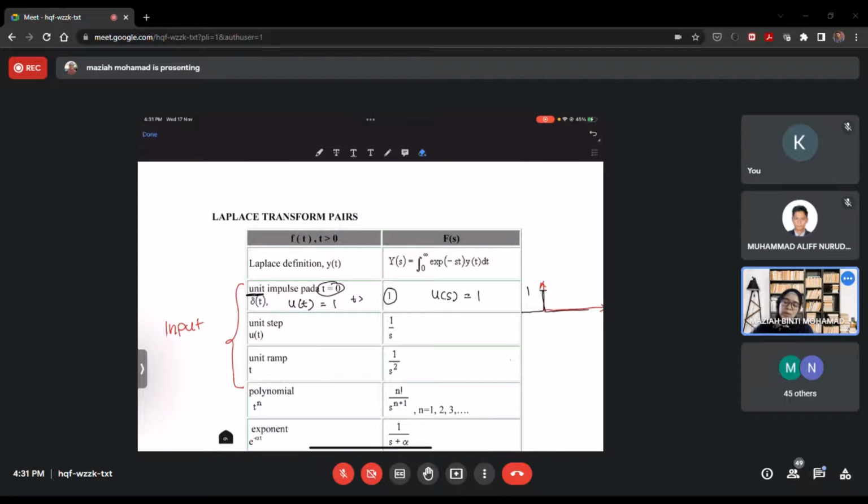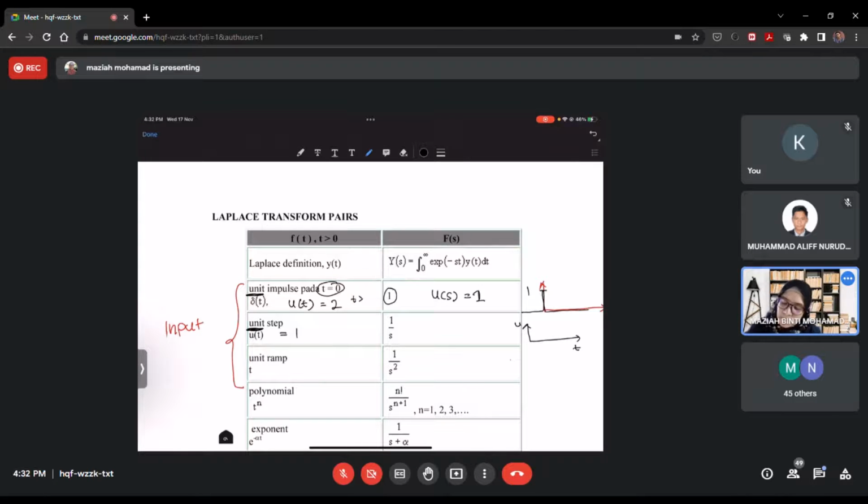If u(t) is equal to 2, then U(s) will become 2. It depends on how many units there are at the input side. It's similar to the unit step.